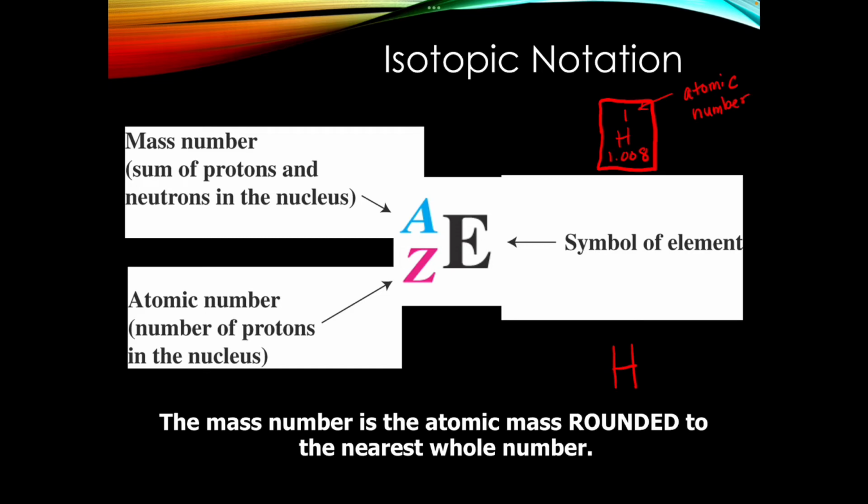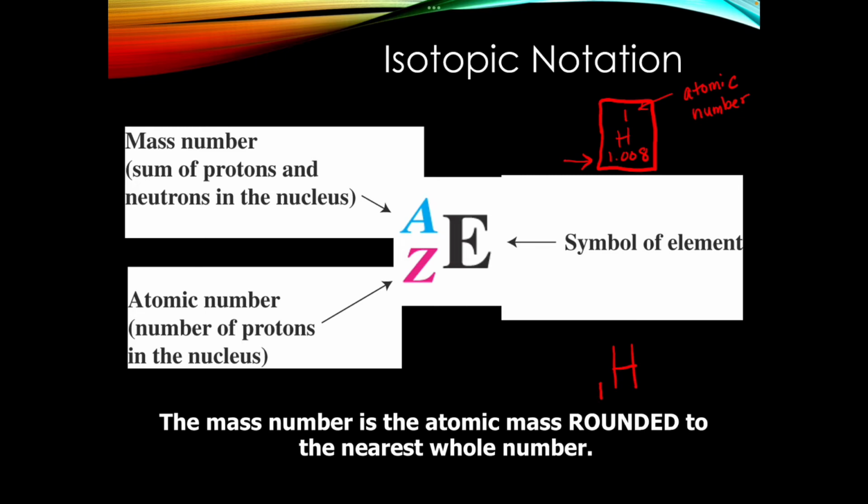When we write it in isotopic notation, our atomic number goes on the bottom. So instead of on the top, now it's on the bottom. This down here is not the mass number. The mass number is always a whole number. That number on the top of the periodic table is the atomic mass.